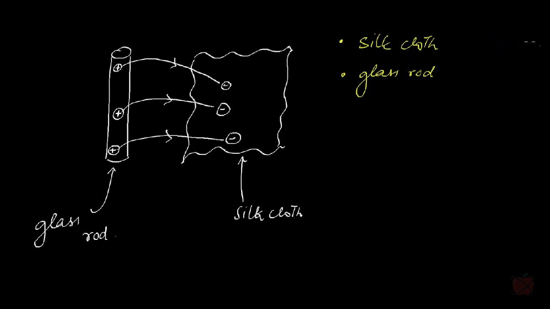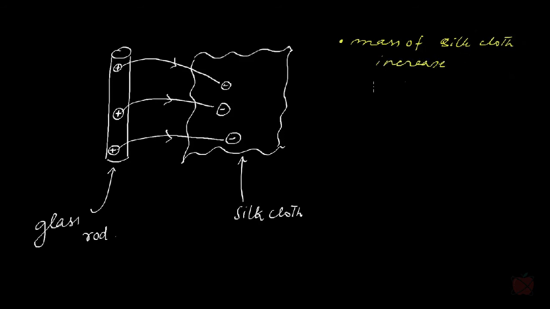So let's say like this: mass of silk cloth increases, and mass of glass rod decreases. Understand? All right.